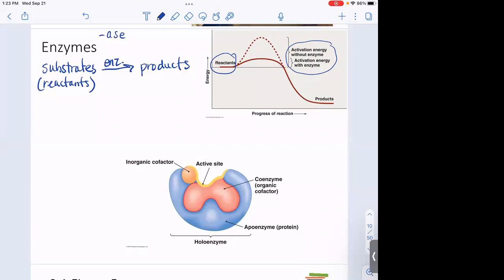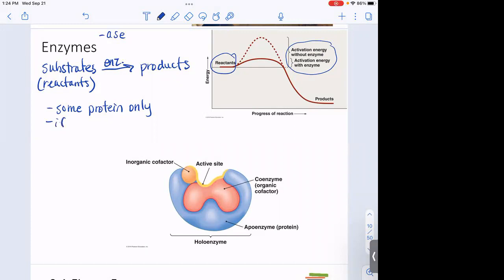So a catalyst is something that's not changed or used up in the reaction. So these are biological catalysts. Some enzymes are going to be just protein. But a lot of times enzymes need some other component that's non-protein for them to work.